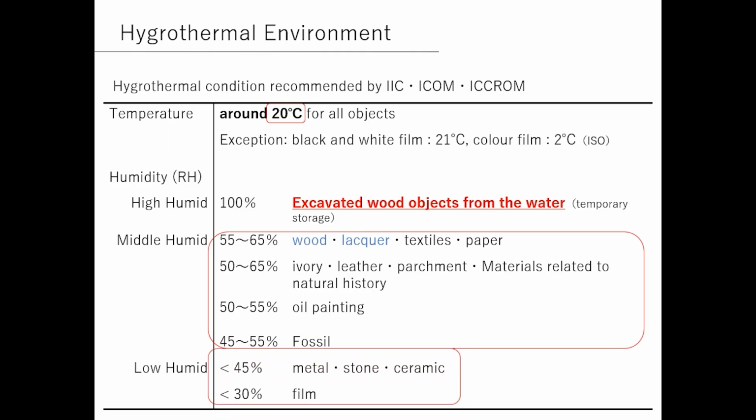By contrast, only an upper limit for relative humidity is set for metals and photographic films, and, generally speaking, the lower the relative humidity, the better the environment. For each type of artifact in this table, as there is a wider range in which to control for the humidity compared to the temperature, you can see that it is necessary to pay attention to the humidity.